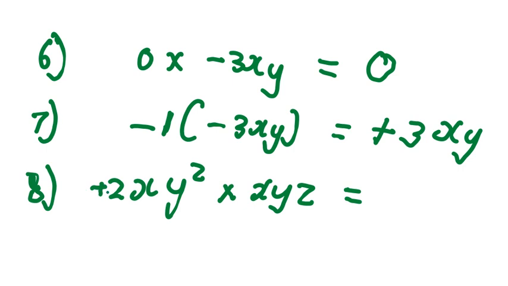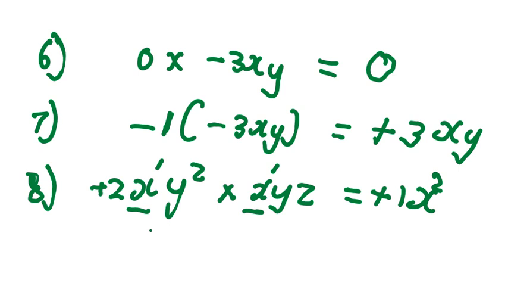Positive 2 times the positive 1 that is here. Positive times positive is positive. 2 times 1 is 1. x times x, I said you multiply only those that are the same. x times x, you're gonna take 1x, but you're not gonna let it be like that. You're just gonna add the exponent also. 1 plus 1 is 2.